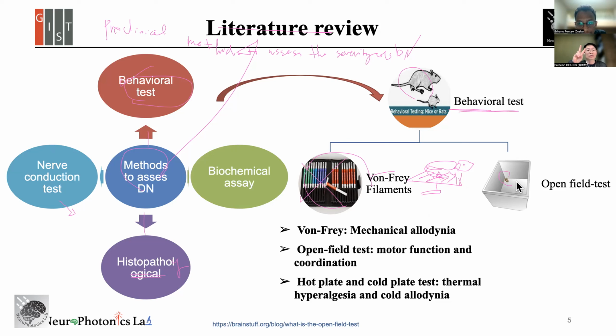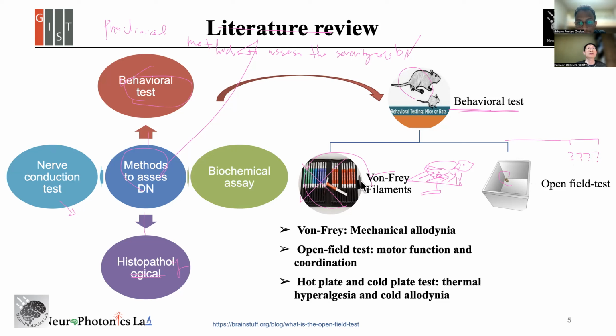Are these the only two behavioral tests for the assessment of diabetic neuropathy? Are there any others? There is another method. Hot plate and cold plate. So this is for pain, right? Yeah.